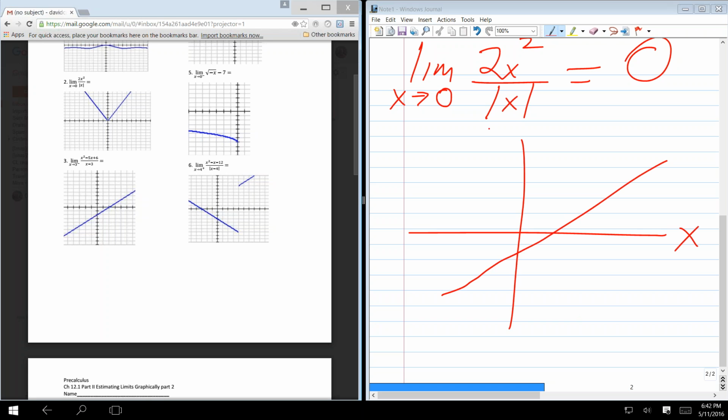When I say, what's the limit as we approach 3 from the left side? Well, here's 3. And what I'm doing is hopping aboard this function and approaching it from the left side. So what is that point right there on the f of x axis? 1. That's what it is then.